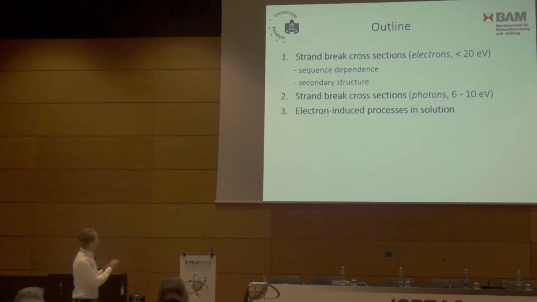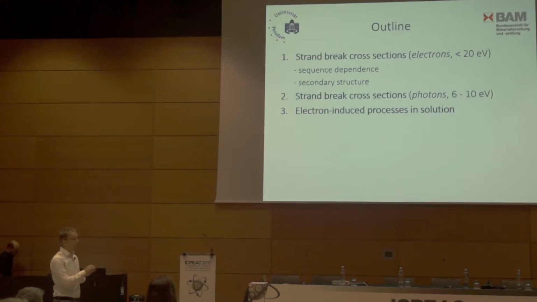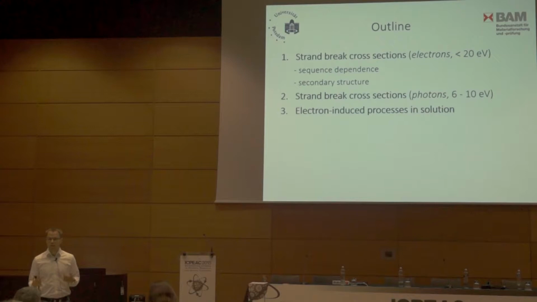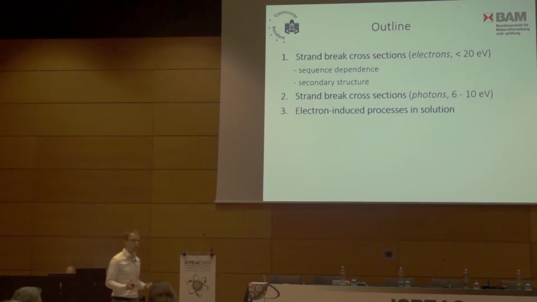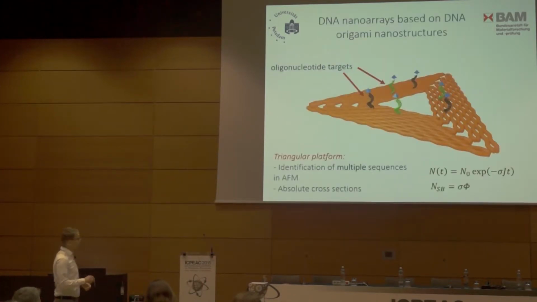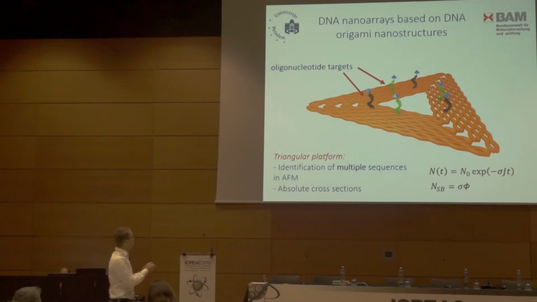So, first of all, to determine strand break cross-sections, we didn't use the traditional biochemical methods because this is not suitable for various reasons when we go to oligonucleotides. So we use oligonucleotide targets that we attach to platforms. So we have here a triangular platform, and the oligonucleotide targets that we want to study are attached in a certain pattern.